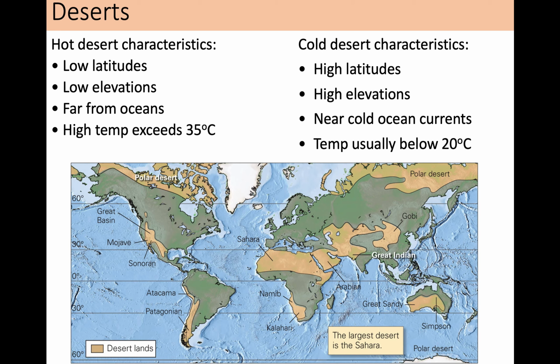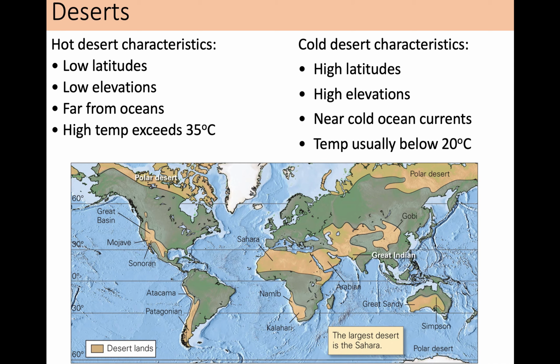So there's sort of two different types, hot deserts and cold deserts. So hot deserts are at low latitudes, meaning they're close to the equator. Low elevation, so they're not, for example, on a mountaintop. They're generally far from oceans, and they have very high temperatures. So it's very, very hot. There are also cold deserts. So cold deserts are at high latitudes.